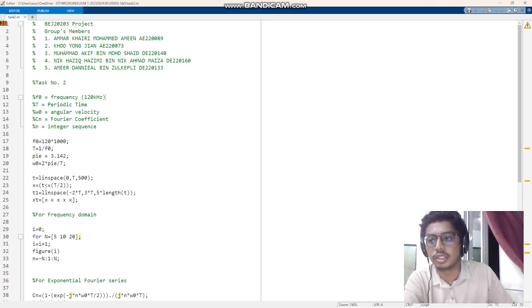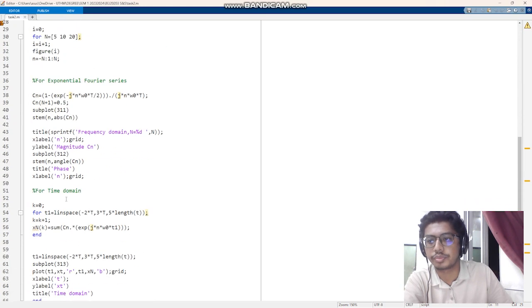So x equals t less than or equal to T divided by 2. We initialize t1 equals linspace(-2T, 3T, 5*length(t)), with a semicolon. We also initialize the function for xt, which is x in brackets, with a semicolon also.